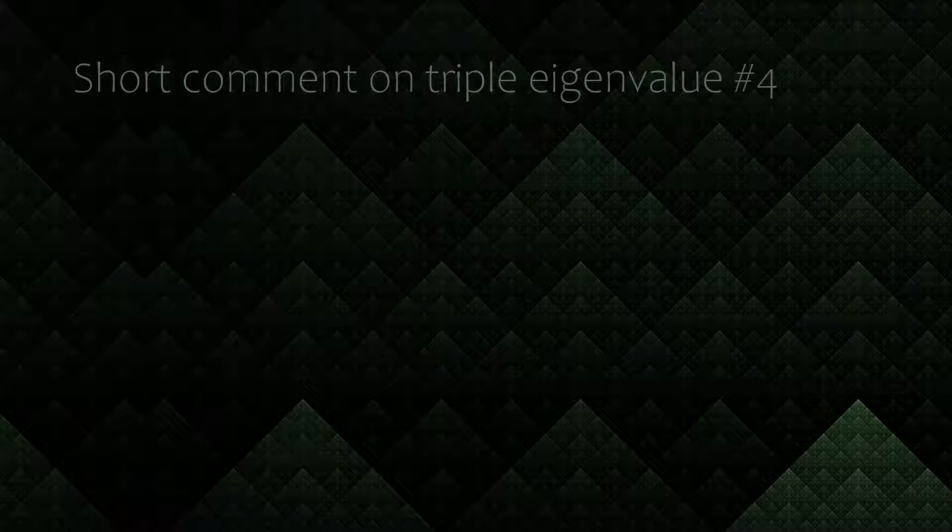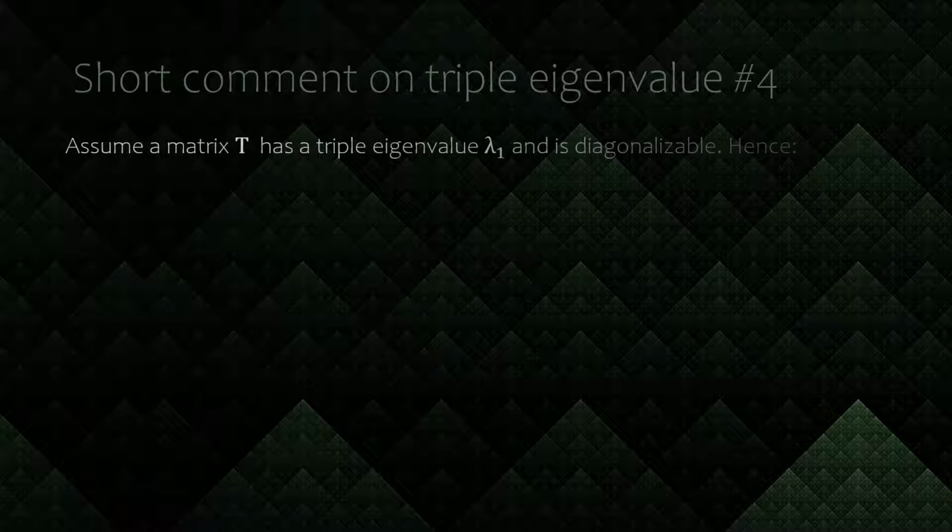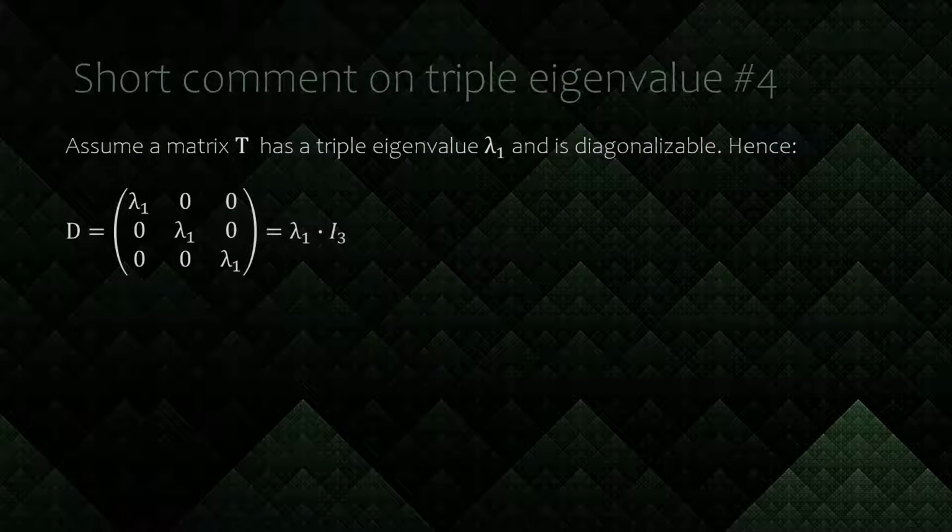Next question, can there be a triple eigenvalue for a 3x3 matrix? Of course, but this case becomes trivial very quickly. Let's take a glimpse. Assume a matrix T has a triple eigenvalue lambda 1 and is diagonalizable. Hence, the matrix D equals lambda 1 times the identity matrix.